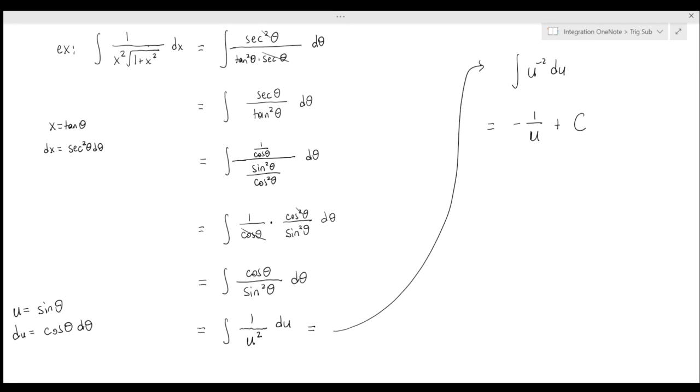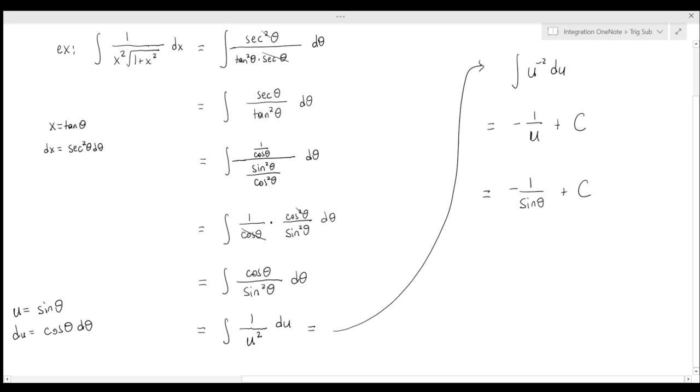All right, now we're not quite done yet, so I do want to first rewrite u as sine theta. But there's one more thing: I started the integral in terms of x, so I'd want to rewrite my answer in terms of the original x rather than leaving it in terms of theta.